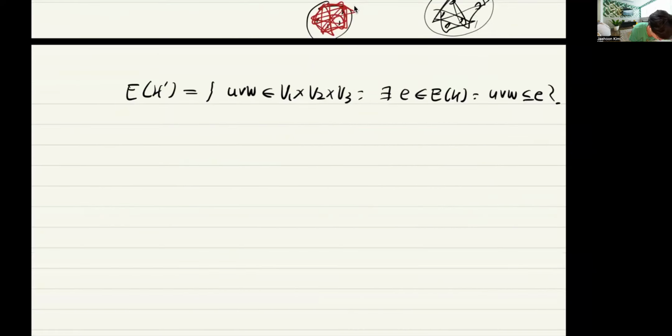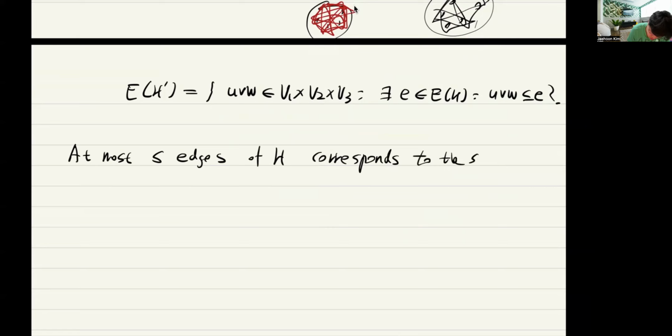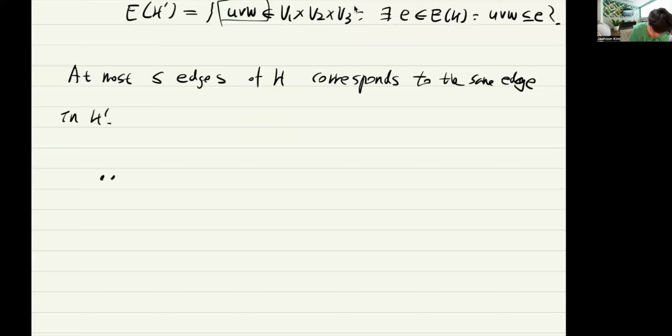So what we know is that at most f edges of H correspond to the same edge in H'. So in H', this triple may come from more than one edge. But if you have three vertices which come from f many edges of H, what happens?